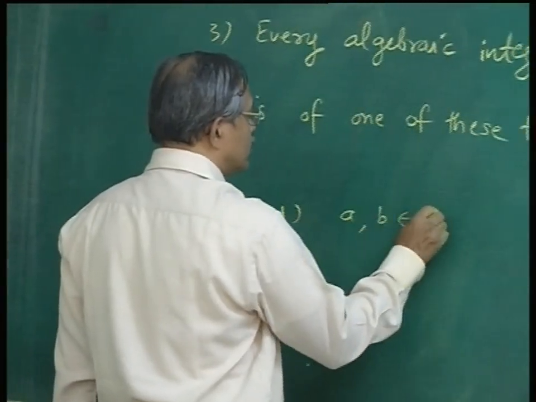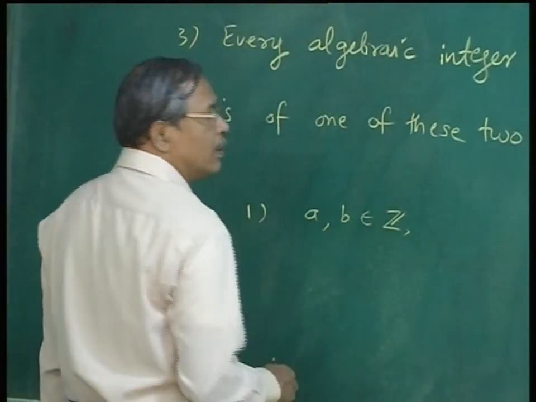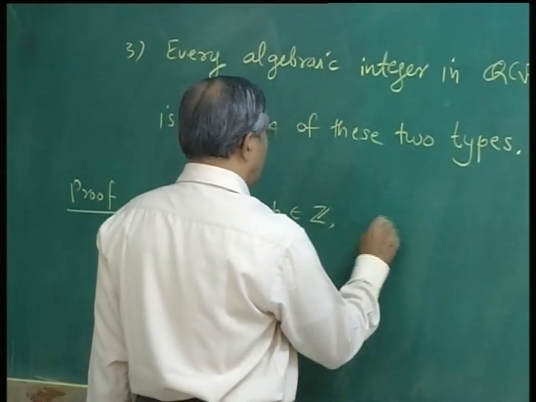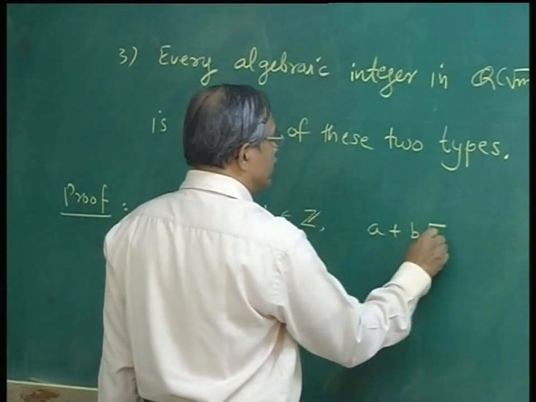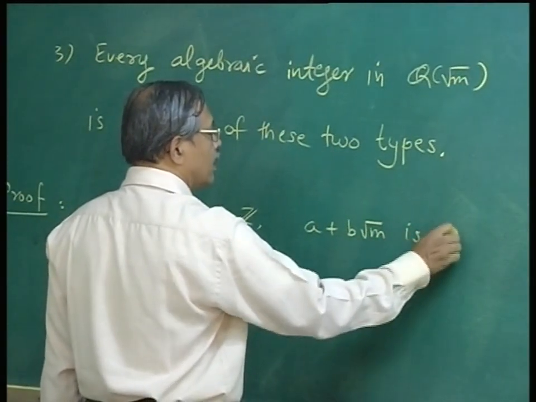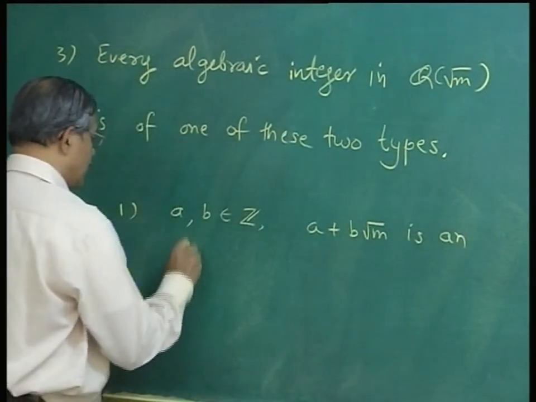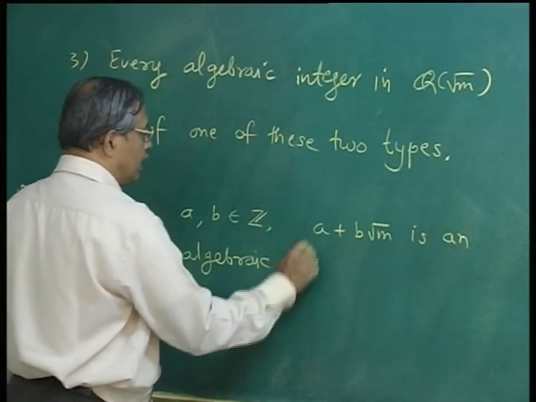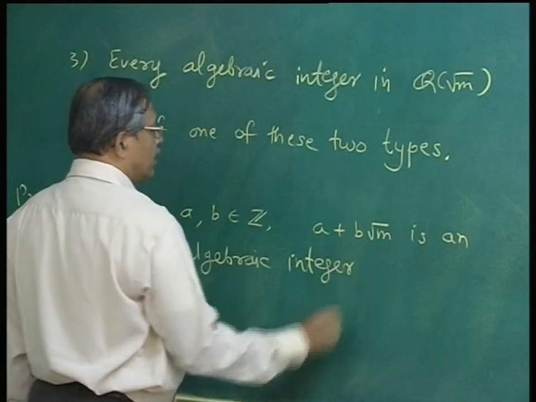a, b belong to Z, and then a plus b root m is an algebraic integer. Why?